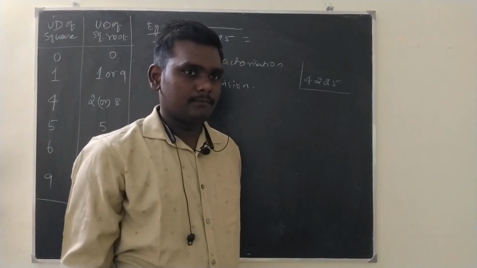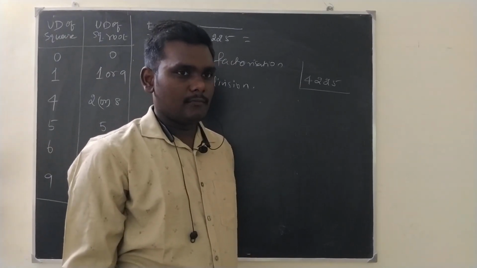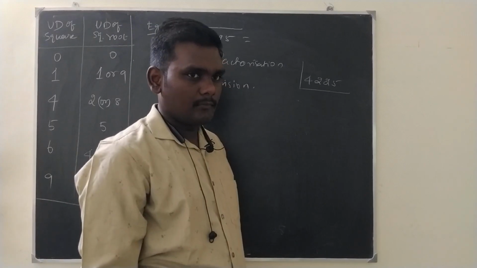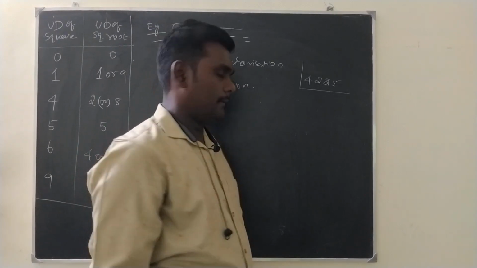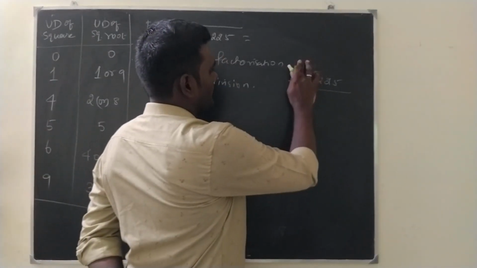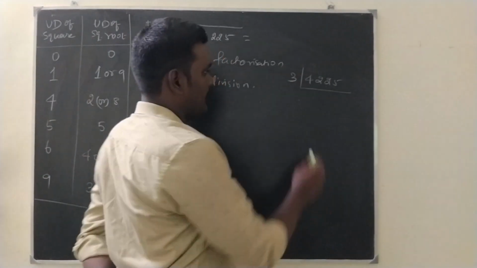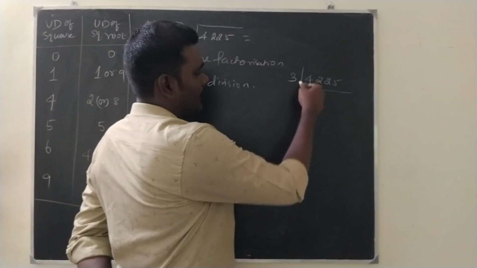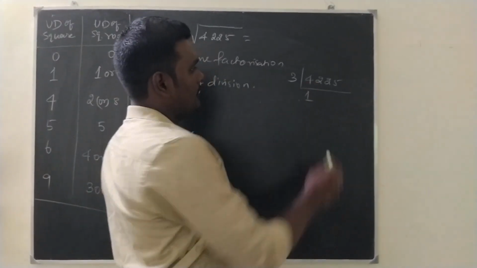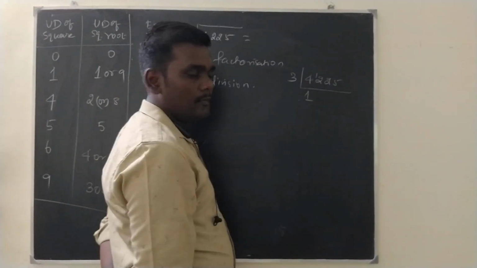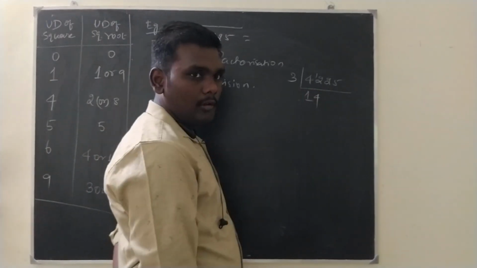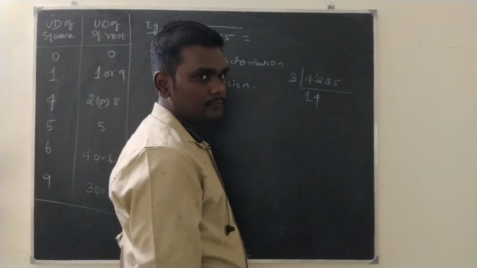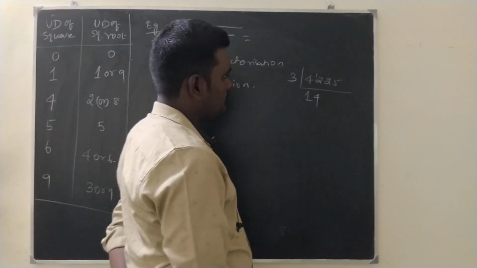So, it is 5 or 3. 3 is the least prime number that can divide this. 1 3s are 3, then carry over 1, that makes 12. 4 3s are 12.